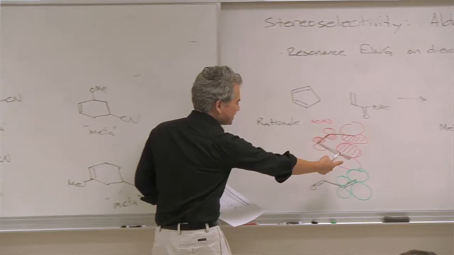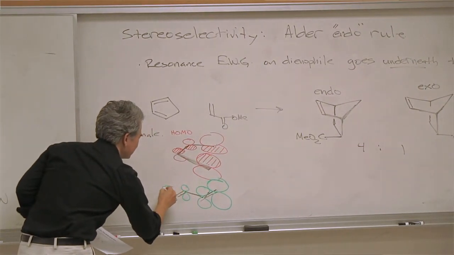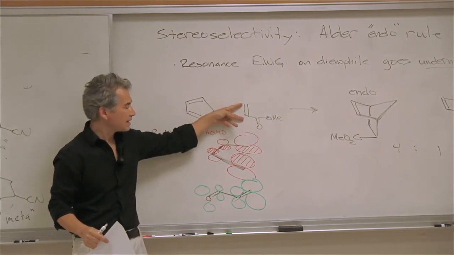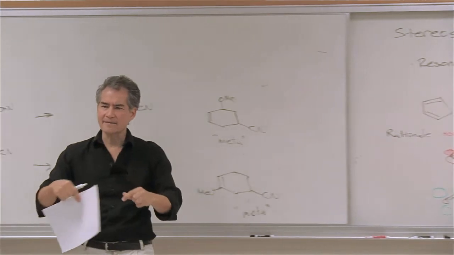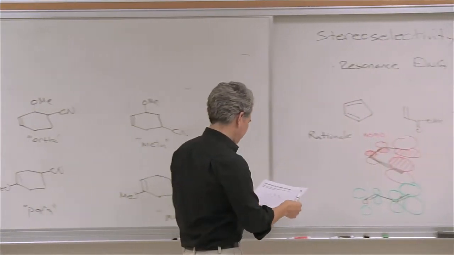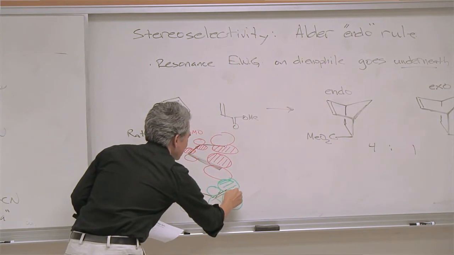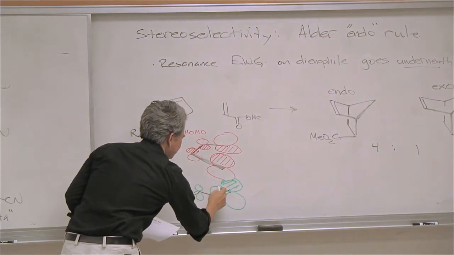But because this is like a diene, I also have some other orbitals to draw for the carbonyl. Because it's 2 pi systems connected, I have to phase it like I phase a diene. I'm going to draw the LUMO now. I'm not doing a good job of avoiding these 2 here.